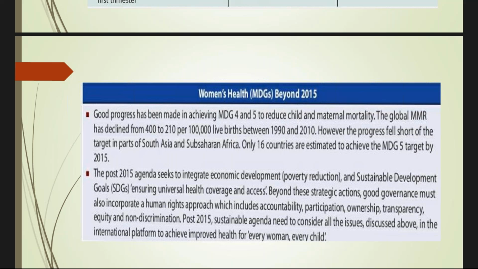Poverty takes the major role, so to remove poverty by providing education and knowledge, better services, and economic support, these goals can be achieved. The post 2015 sustainable agenda needs to consider all these issues on the international platform to achieve improved health for every woman and every child.